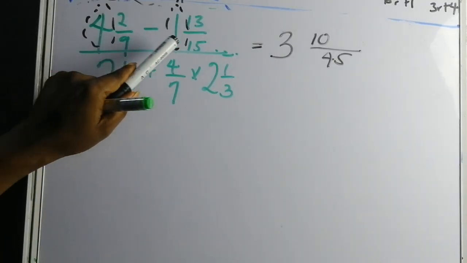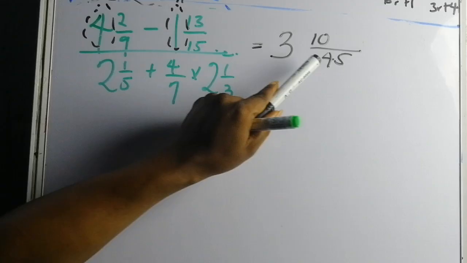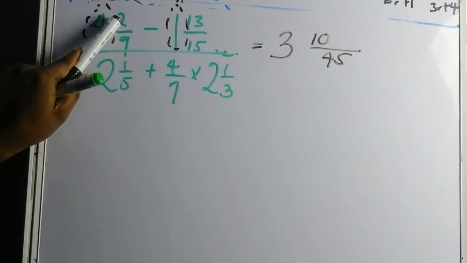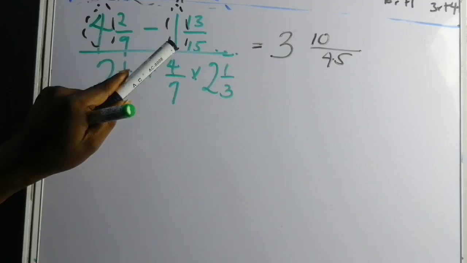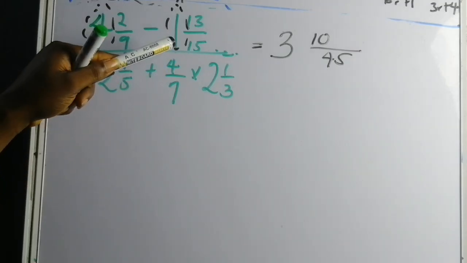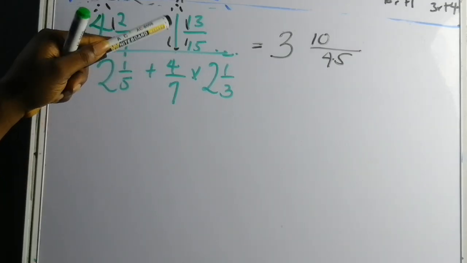The LCM for 9 and 15 is 45. 45 divided by 9 is 5, 5 times 2, 10. So 45 divided by 15 is 3. 15 plus 15, 30, plus another 15, 45.